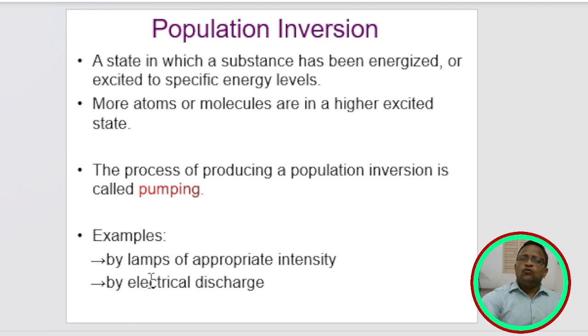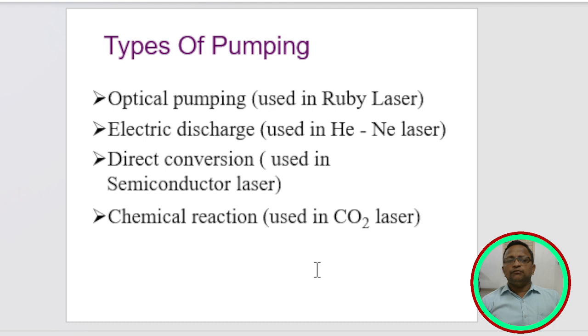Among them, we may achieve the population inversion by using lamps of appropriate intensity, and we may also obtain the population inversion by electrical discharge. We have different methods for achieving the population inversion, and the process itself is called pumping. Among the different types of pumping, the first one was optical pumping.